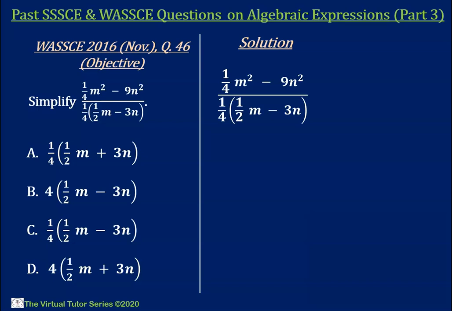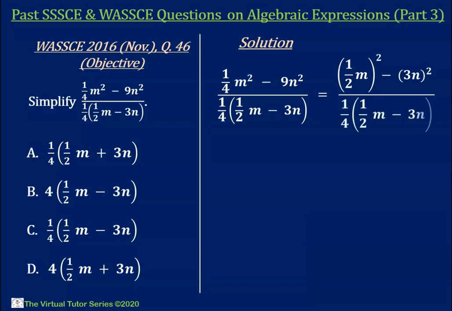The square root of 4 is 2, so 4m squared can be rewritten as (2m) all squared. Again, the square root of 9 is 3, so 9n squared can be rewritten as (3n) all squared, all over 1 over 4 times (1 over 2m minus 3n).